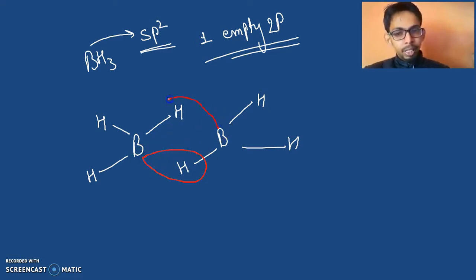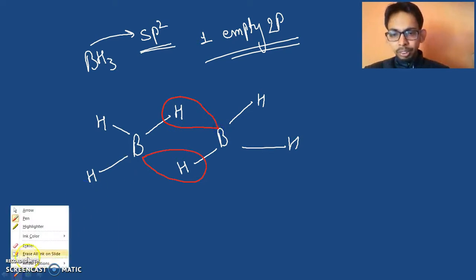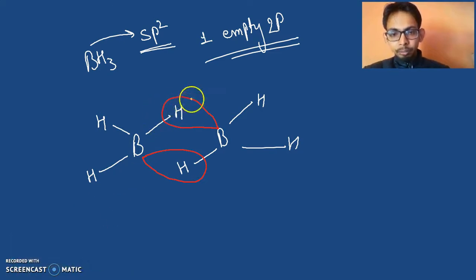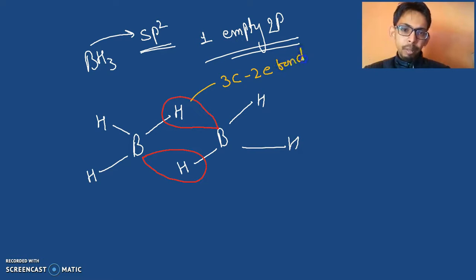The same thing is done by the other boron, and this results in the formation of a special type of bond called a 3-centered 2-electron bond, or more accurately a banana bond.